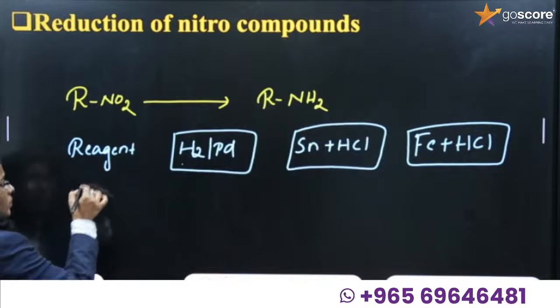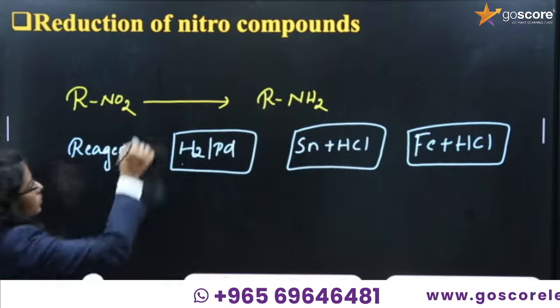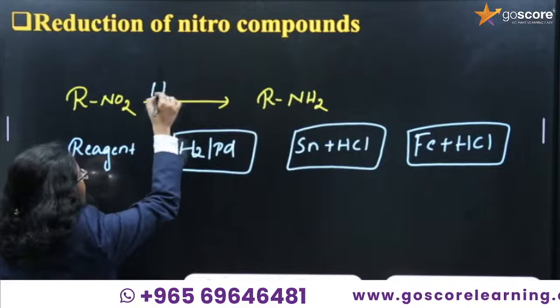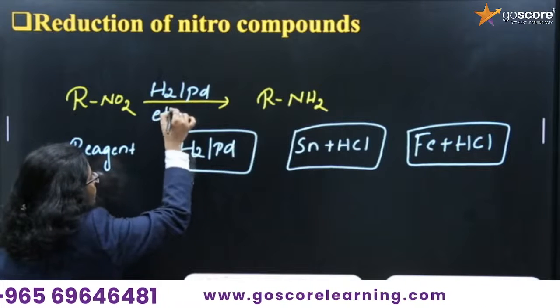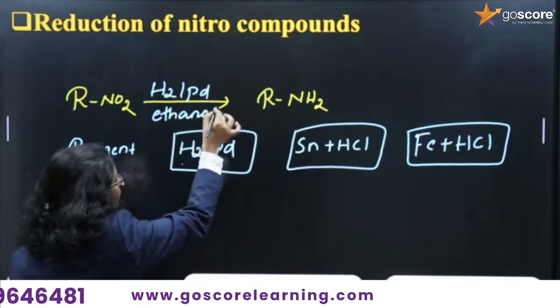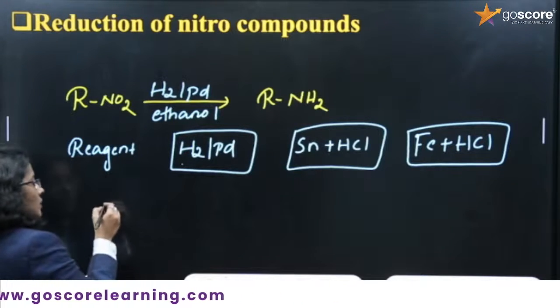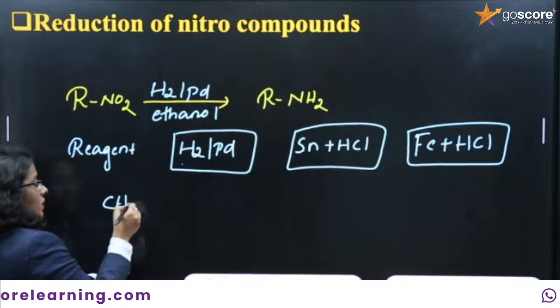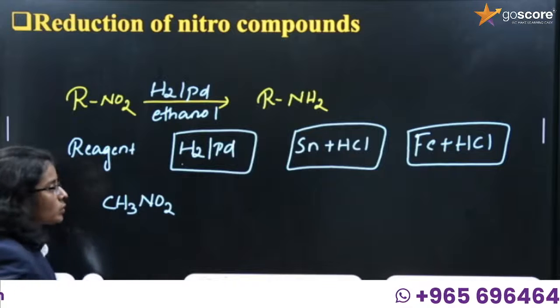Suppose you are reducing nitro group to amine, here we are using H2 over Pd in presence of ethanol, you will get primary amine. Another example for this is CH3NO2, nitromethane.